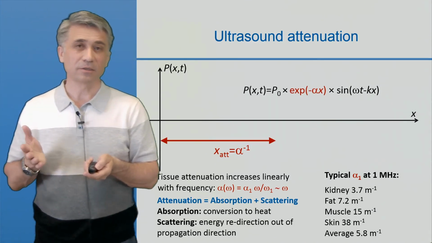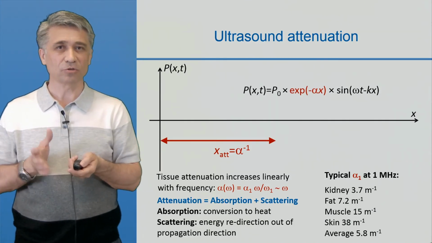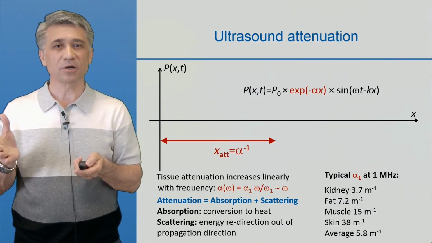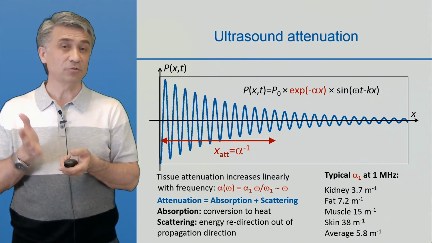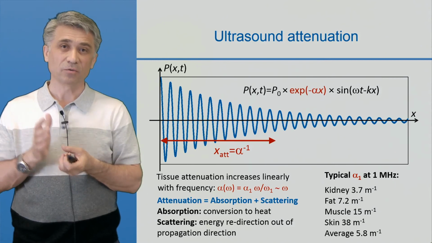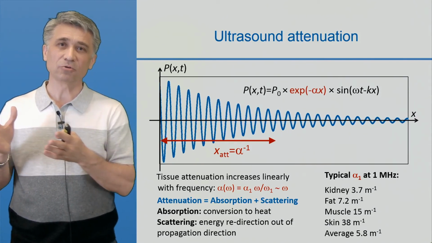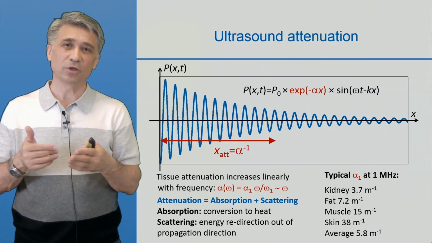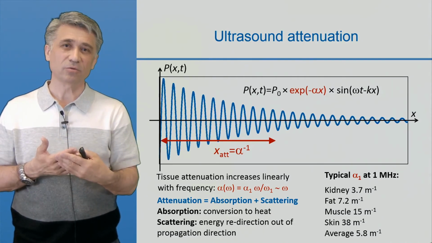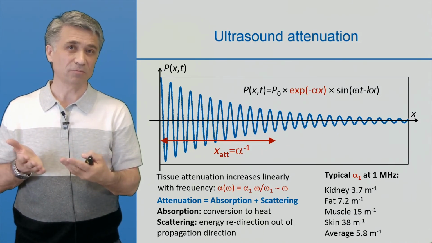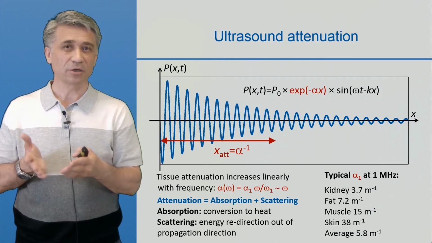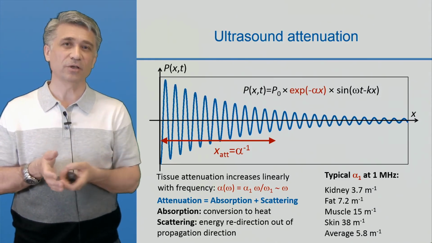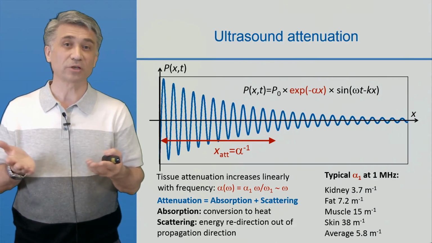The next subject that you cannot avoid when you discuss ultrasound is how it propagates. Actually, if you take a wave, any wave, when it propagates in the medium, it not only propagates with some speed, but also it loses its energy while propagating because of absorption and scattering. And this effect of decay of energy or decay of amplitude is called attenuation.